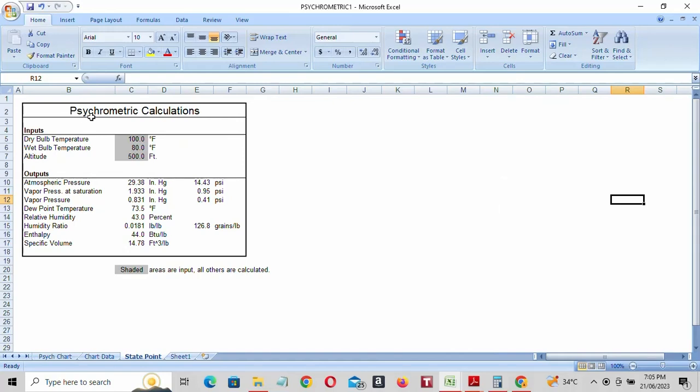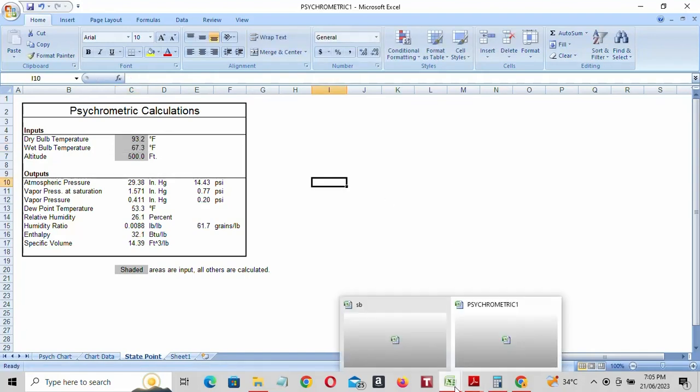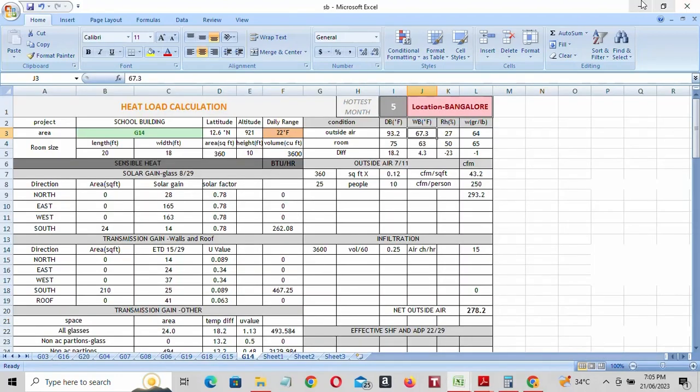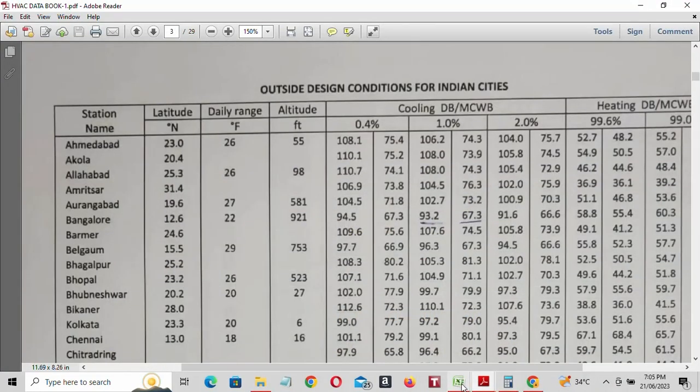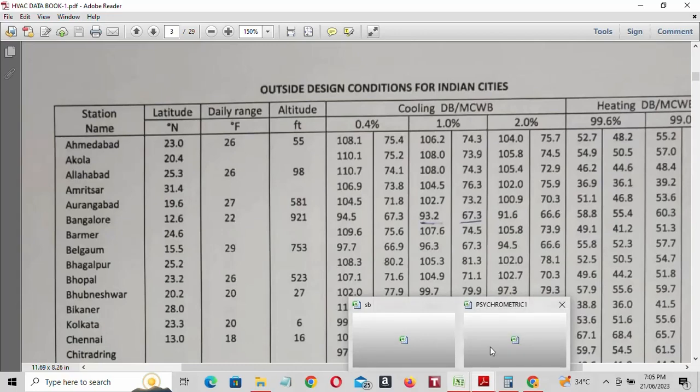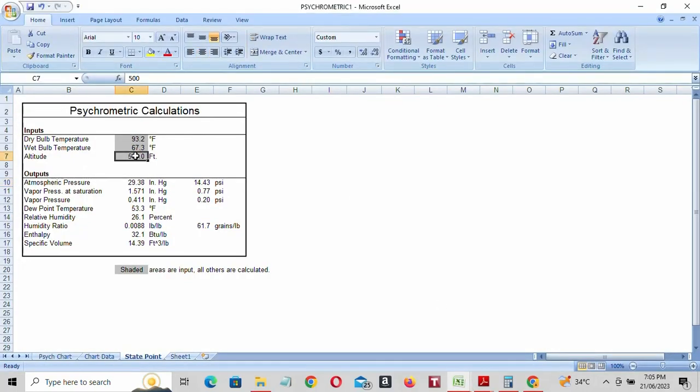See, this is the psychrometric chart Excel sheet. You have to put dry bulb 93.2 and wet bulb 67.3, and altitude is 921.